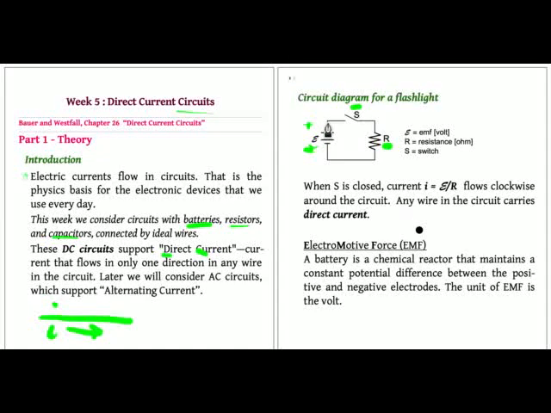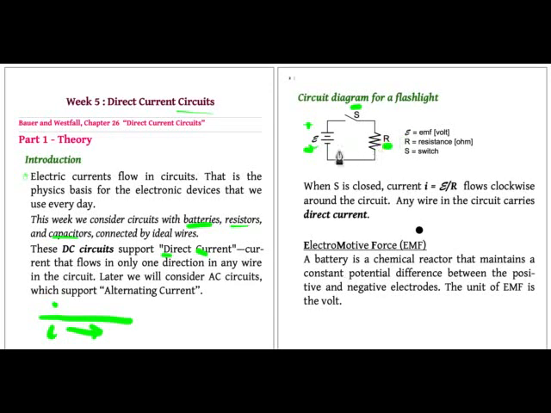And so there'll be an electric field in the direction from high potential to low potential, driving a current clockwise. Now, of course, that current is carried by electrons being negatively charged. Those electrons are traveling counterclockwise. And there's nothing in this battery which would allow the current to reverse, so it has to be a direct current.